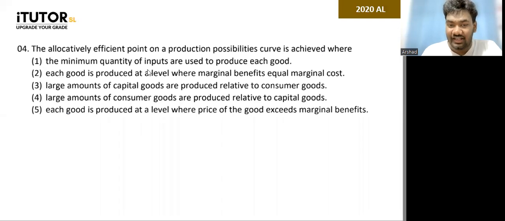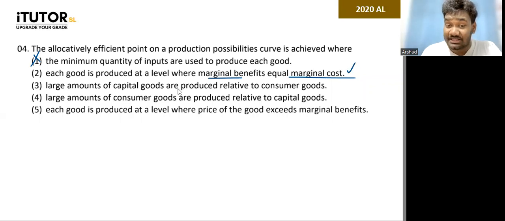The minimum quantity of inputs are used to produce each good. That is more like productive efficiency, where you're using the least amount of resources. No. Each good is produced at a level where marginal benefit, MB, equals MC. Looks correct. Marginal benefit and marginal cost equal to each other. We say yes, there is something called allocative efficiency. We look at the others.